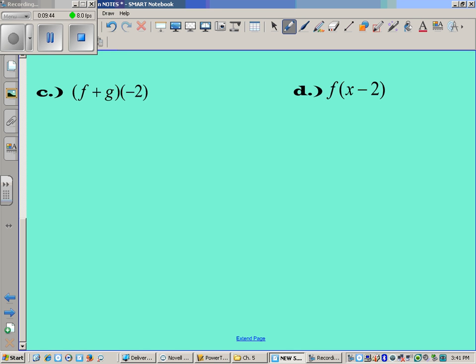Let's do it. f was my x squared minus 3x plus 7. And g was, and we're adding them, negative 3x squared minus 7x plus 7. So if I add those together, will you add those together for me, please, and combine like terms? And then we'll figure out what to do with that negative 2 here in a second.